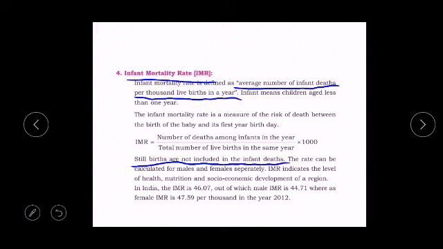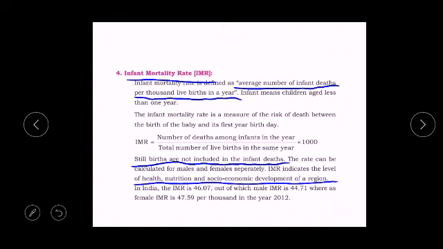Even if a baby died after an hour or after 15 minutes, but was born alive, that is taken into account for calculation of infant mortality rate. But if a baby is born after dying in the womb of the mother, that is not included in the infant mortality rate. It indicates the health, nutrition and socio-economic development of the region.